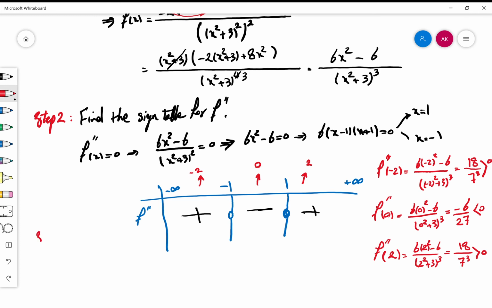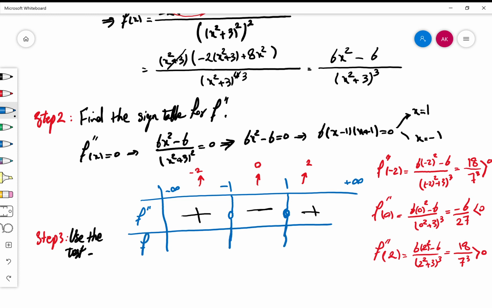And then step 3, use the test. Meaning that we add another row to the table, f.